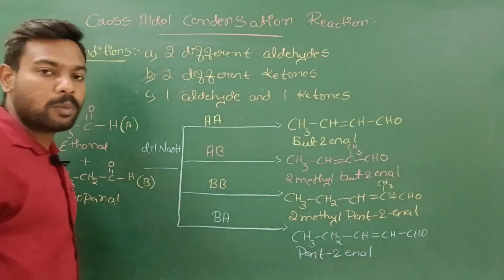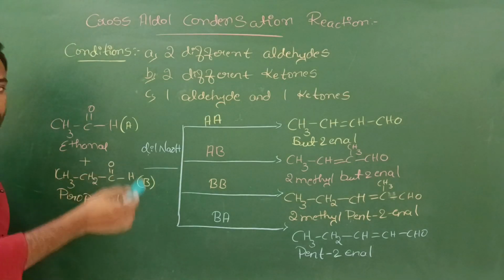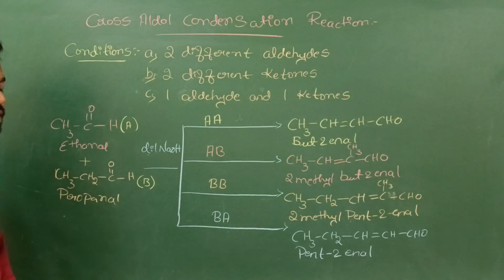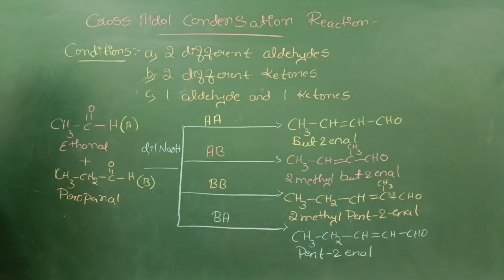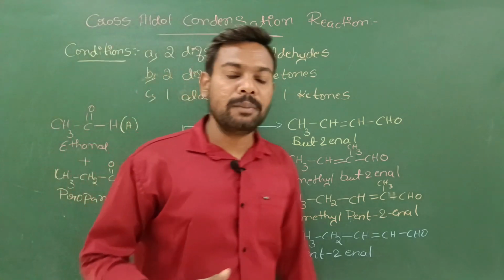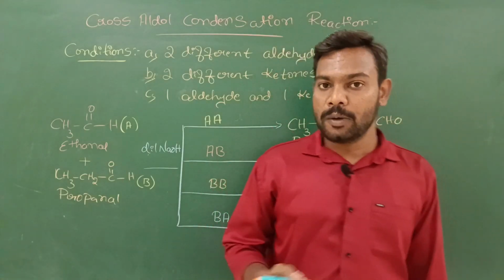These are the four different products we get by the cross Aldol condensation reaction between ethanol and propanol. Next, we'll see how we can prepare these four different products.